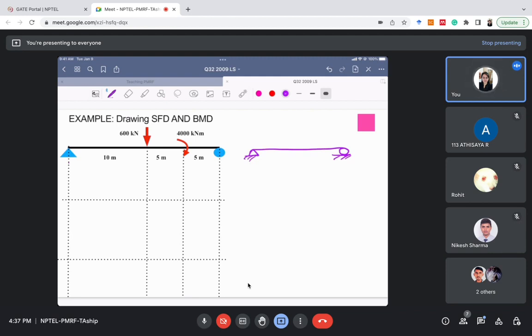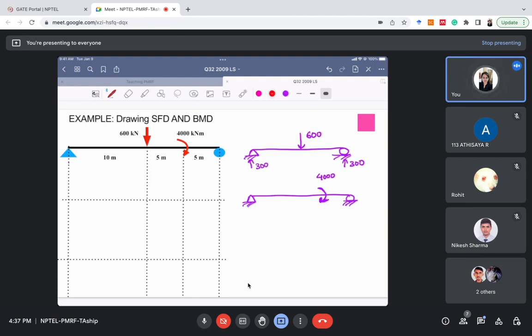Okay, so this is 600 kilonewton. Since it is at the center of the beam, this will be 300 and this will be 300. Then due to this moment, which is 4000 kilonewton meter, I'll calculate the reaction. How to calculate the reaction due to this moment quickly?